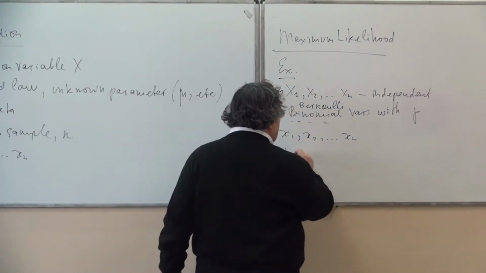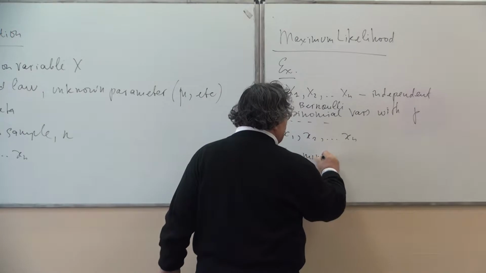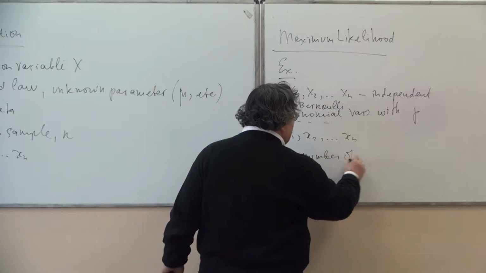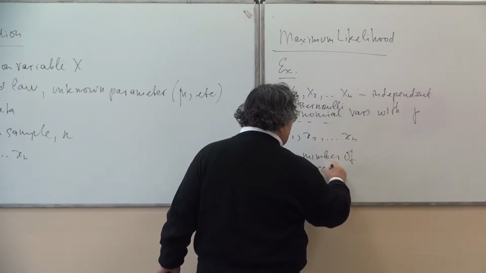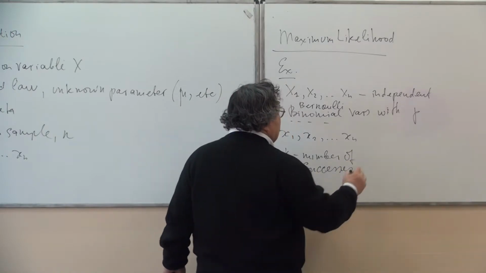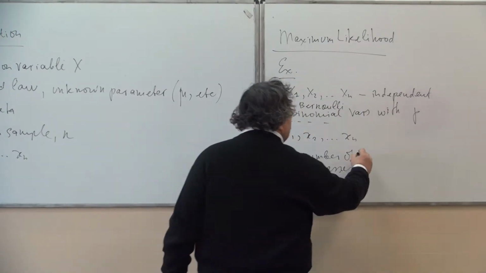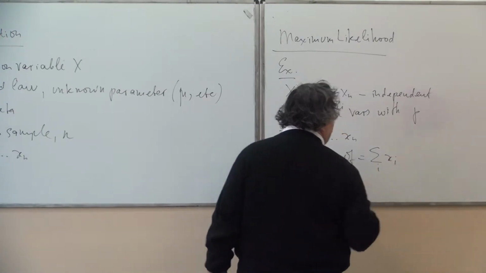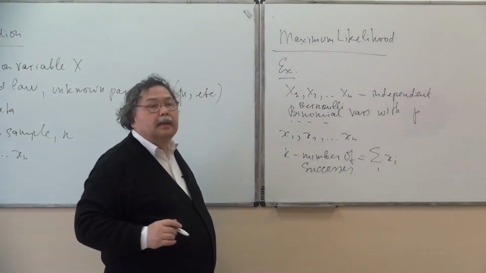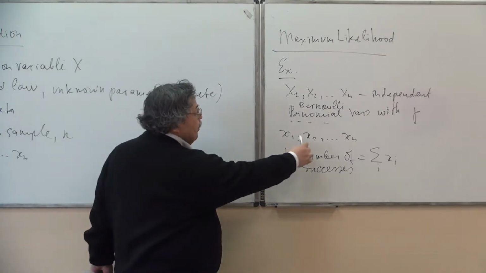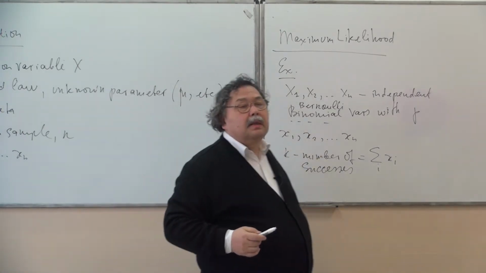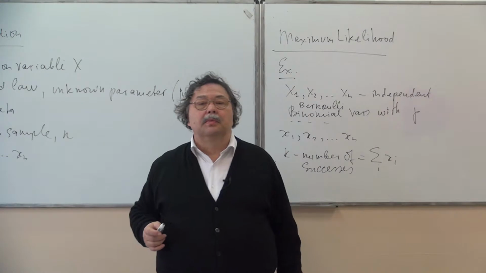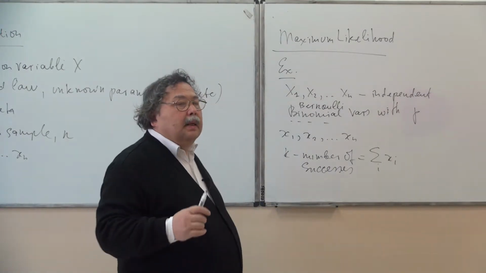And k, the number of successes, can be presented in this form. K, the number of successes, is the sum of all these x's, x1 plus x2 plus ... plus xn. Okay? Do you get this?